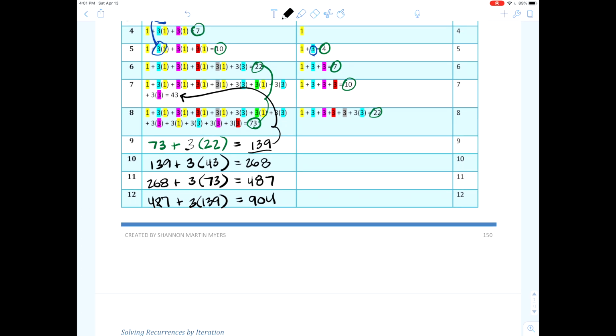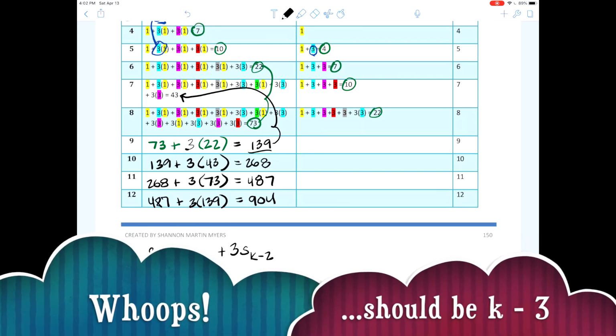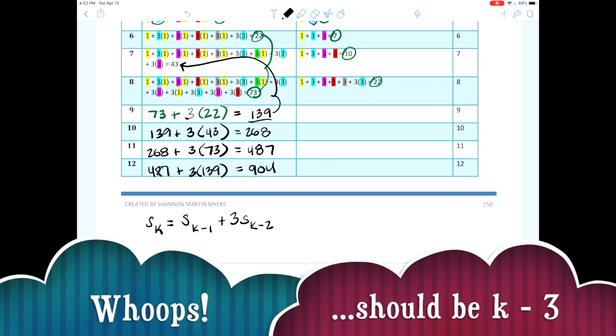So in general, right, our sequence for this would be S sub k is going to be the amount of rabbits from the month before, right? Which we could denote as S sub k minus 1 plus 3 times 2 terms before, right? And so then we have our general formula there.